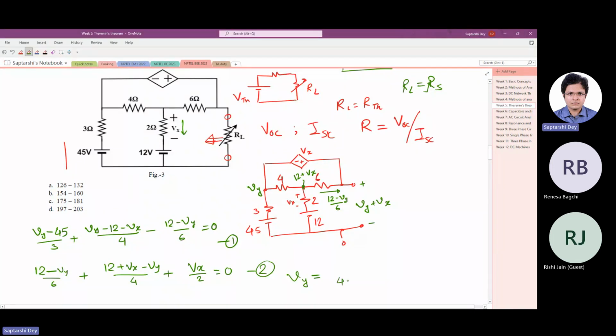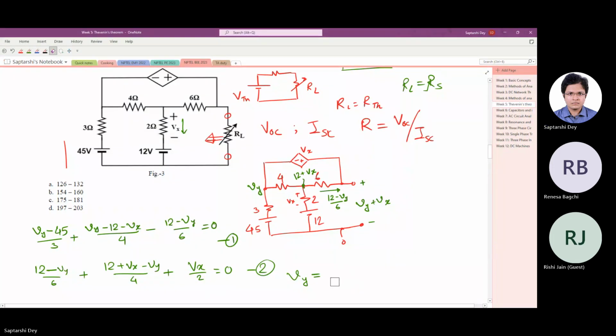Did you get these results, or do you want to solve? First, tell me, did you use these two equations? Or did you short circuit the voltage sources? You cannot short circuit the voltage source here. There is a dependent voltage source.